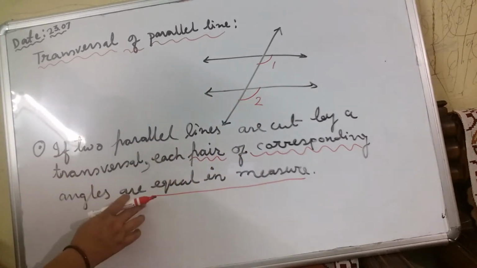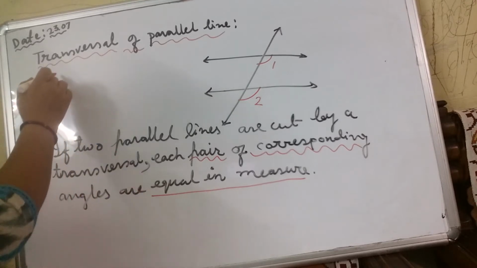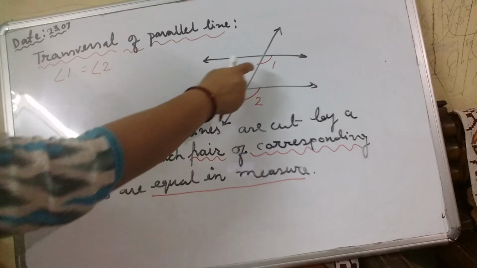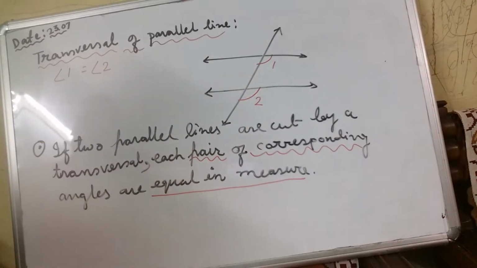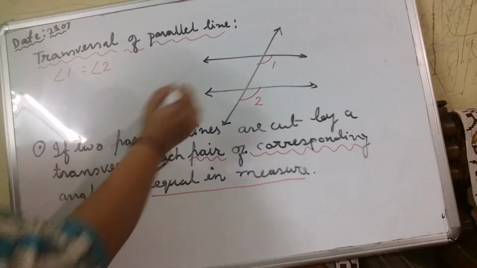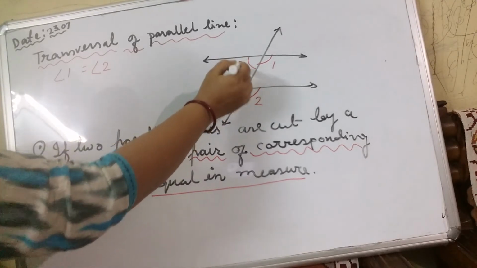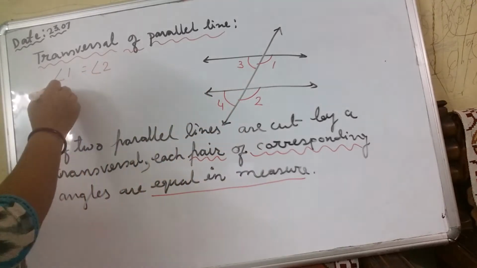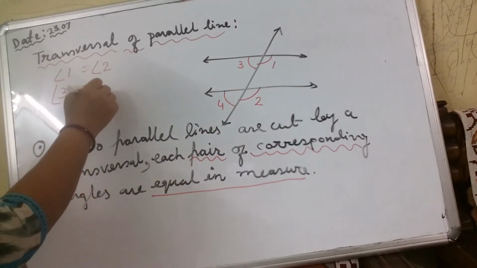So according to this relation, angle 1 equals angle 2 because they are a pair of corresponding angles. If this is angle 3, its corresponding angle will be angle 4, which will also be equal.